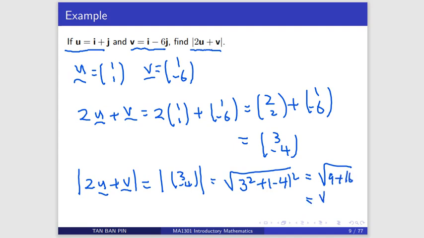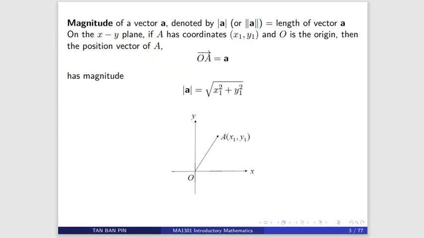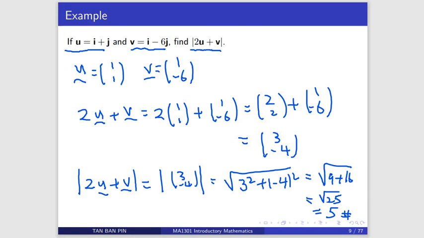So it gives you the square root of 25, which is 5. Remember, magnitude of A is the square root of x1 squared plus y1 squared if A is the vector x1, y1. So that's why you just take the square root of 3 squared plus minus 4 squared. So it gives you 5 as the answer.